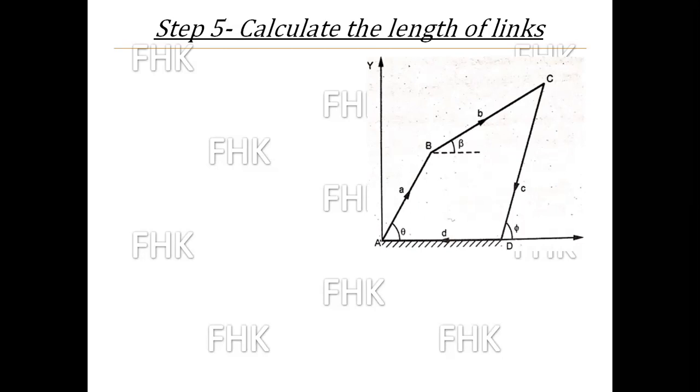AB makes angle theta with the fixed link, CD makes angle phi with the fixed link, and the coupler link makes angle beta.